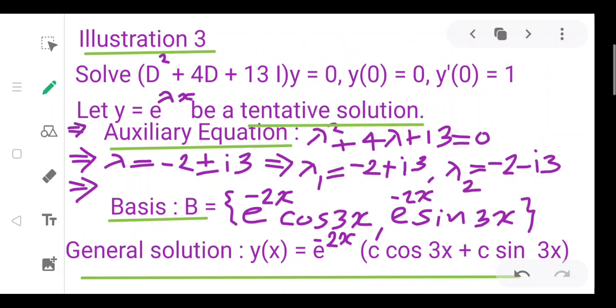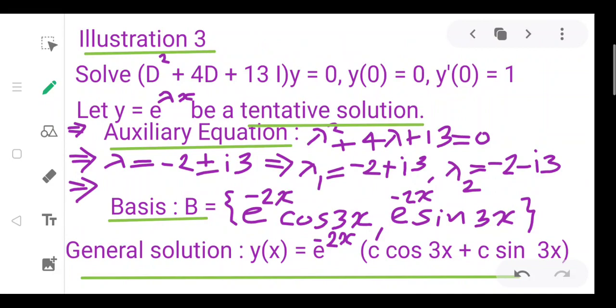Solving, we are getting complex conjugates as the roots, minus 2 plus 3i as well as minus 2 minus 3i.